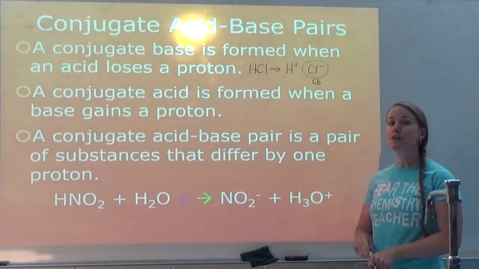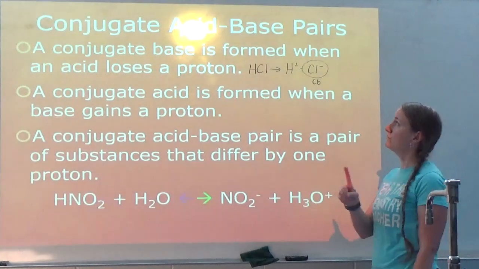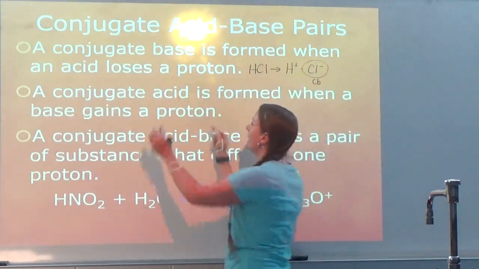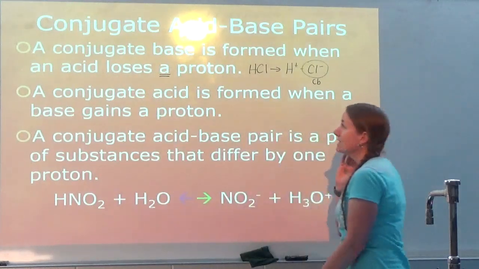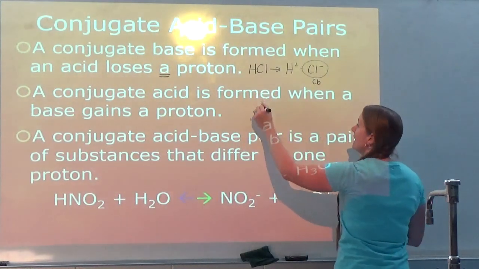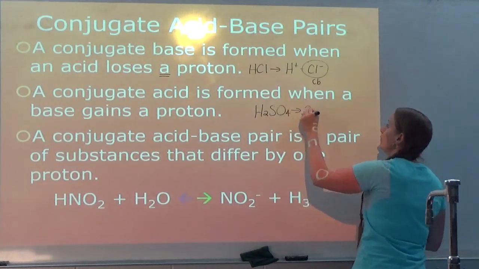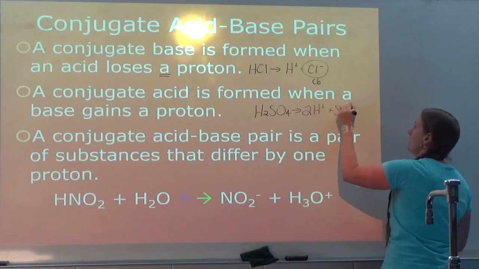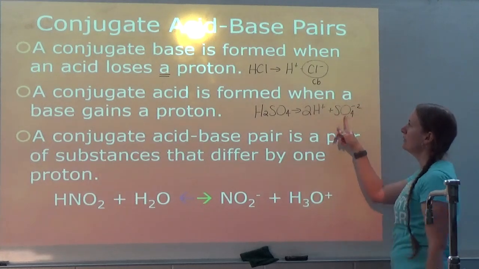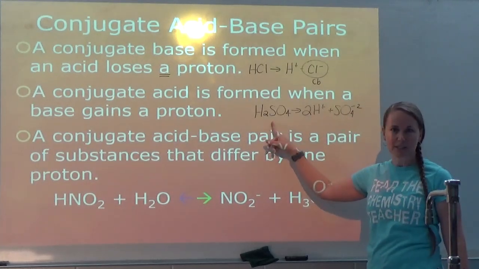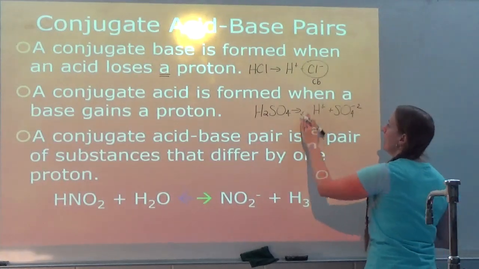Notice it says when it loses a proton. The reason I point that out is if I have H2SO4 and it loses 2 hydrogens and I have SO4 2-, that is not the conjugate base of this. It's only when it loses 1 hydrogen.